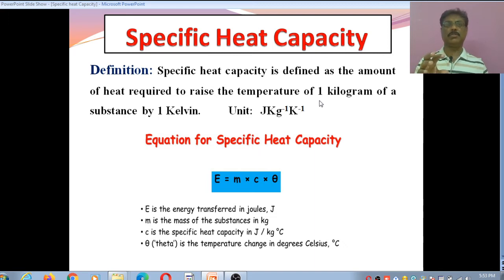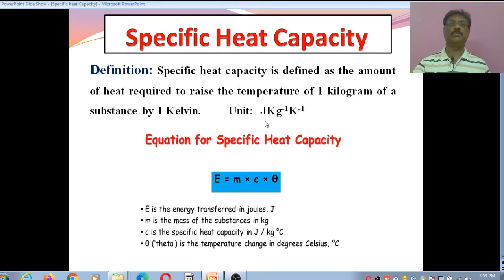Some amount of heat is required for 1 kilogram of a substance to increase its temperature by 1 Kelvin. That is the definition of specific heat capacity: the amount of heat required to increase the temperature of 1 kilogram of a substance by 1 Kelvin.